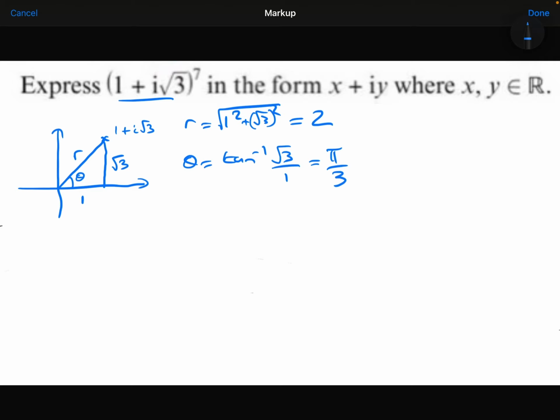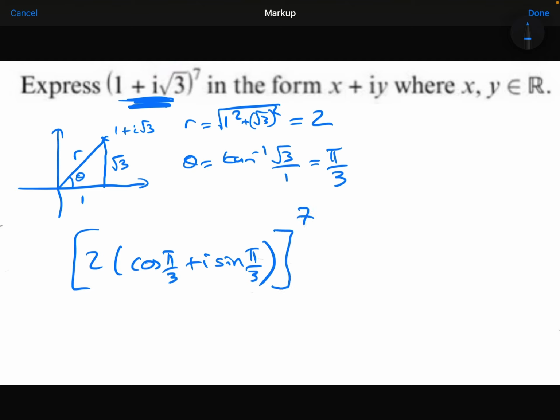So this allows me then to rewrite my 1 plus i root 3 as 2 times cos pi over 3 plus i sine pi over 3. And all of this is to the power 7. So all I've done so far is I've written my 1 plus i root 3 in modulus argument form.